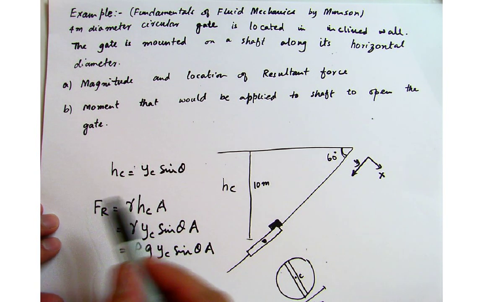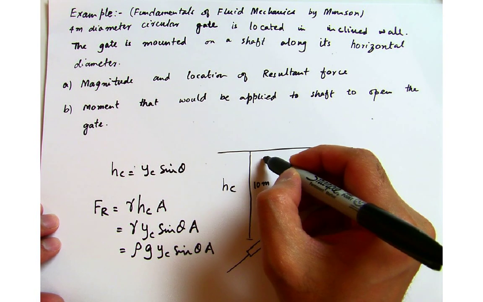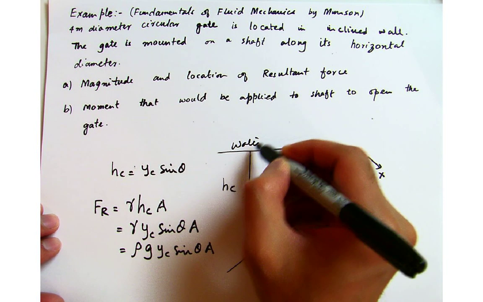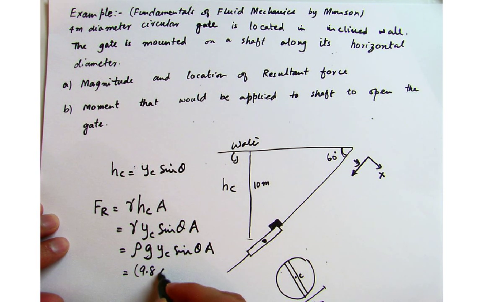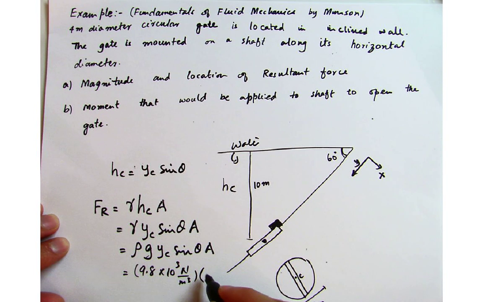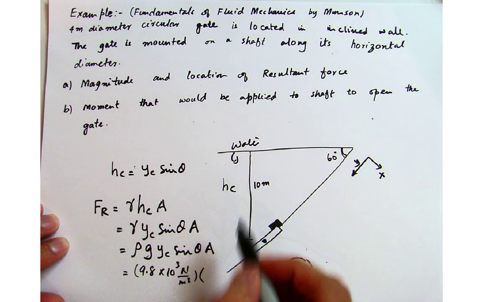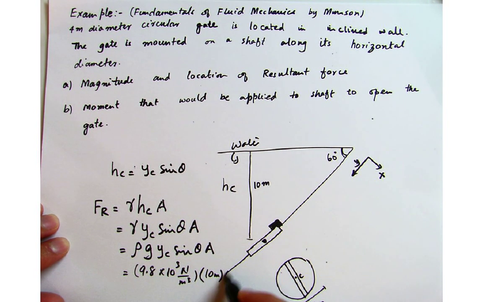And by the way, this is water over here, so I can use the density for the water. So when I multiply all of these together, so 10 raised to power 3 Newton per meter cube times yc sine theta, which is hc, and that is given as 10 meters, times the cross-sectional area, which is pi d square by 4.